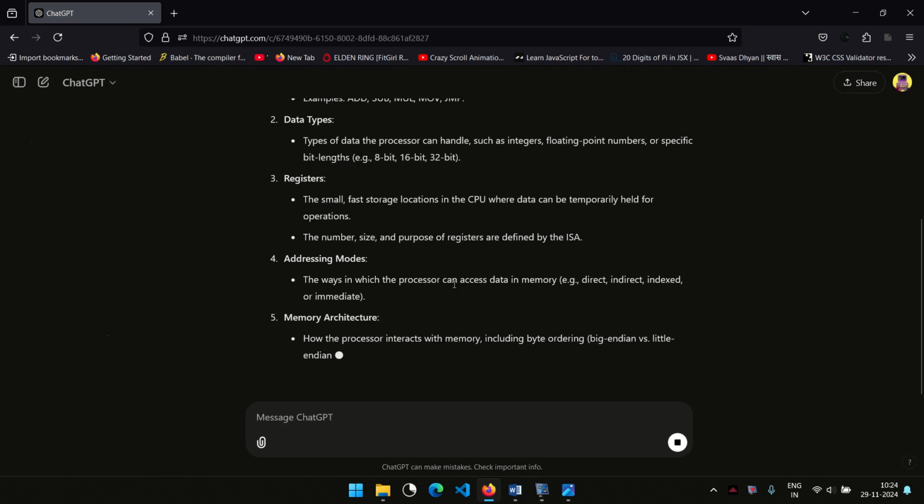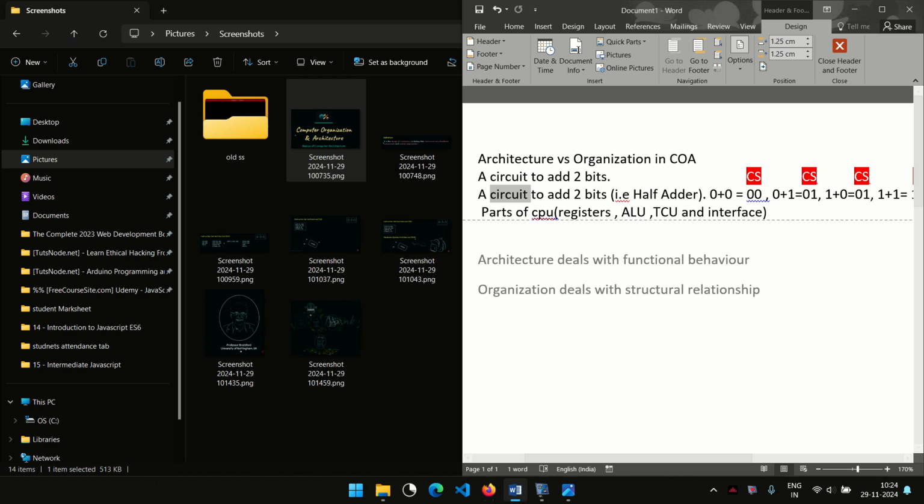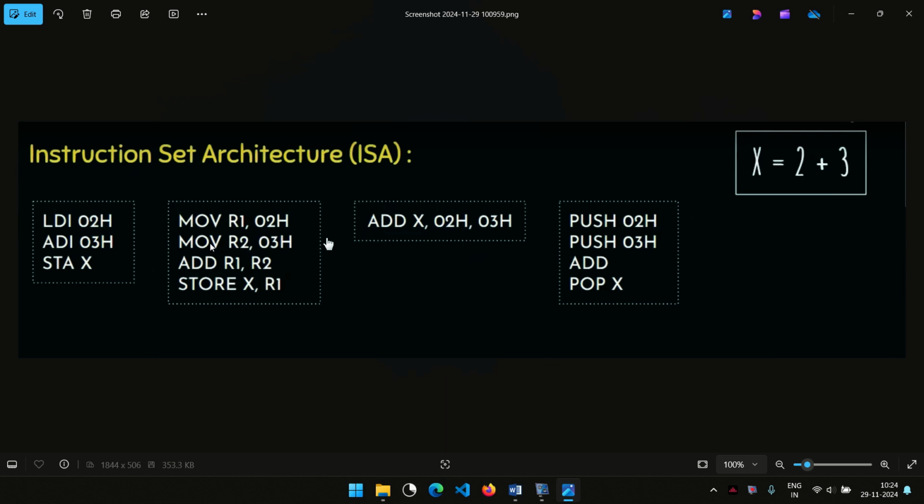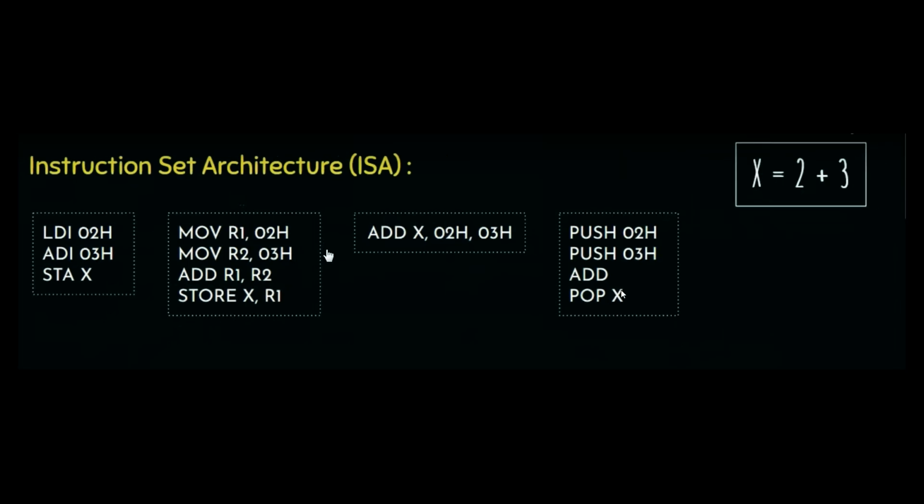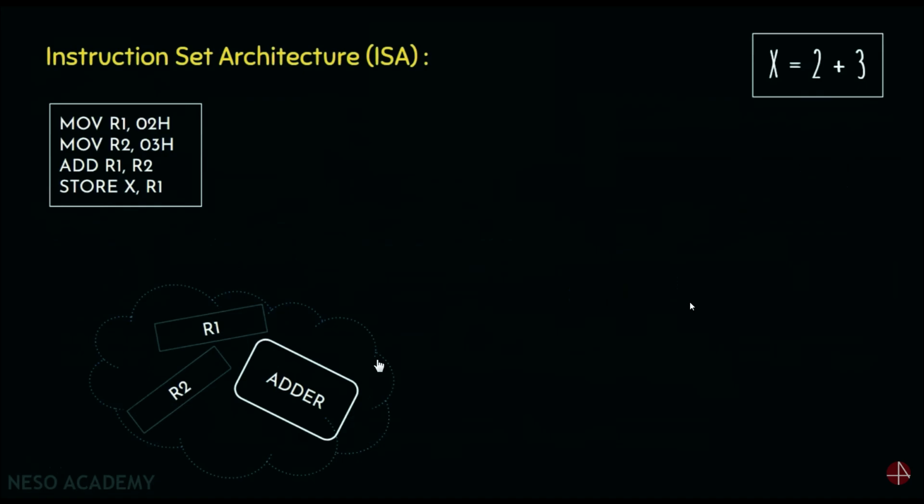This is more information than I wanted. Anyway, we selected this move R1. Basically, it's software and hardware, what software approach you will take, what machine level language you'll use to interact with your hardware to get your work done. So instruction set architecture, we have used this.